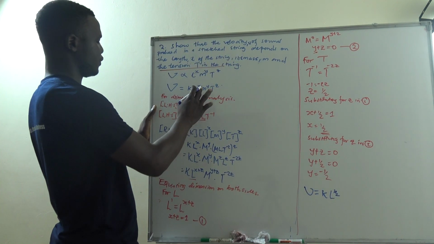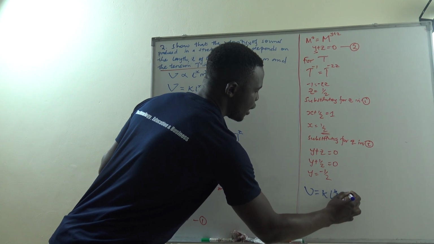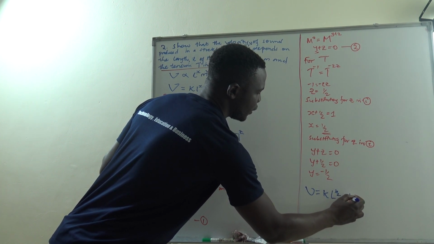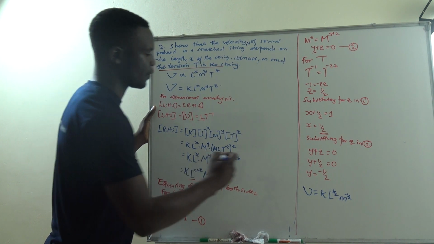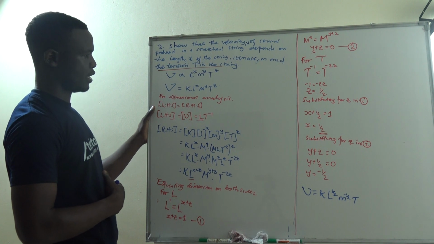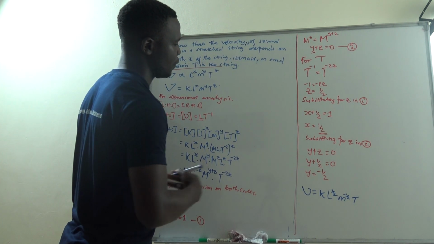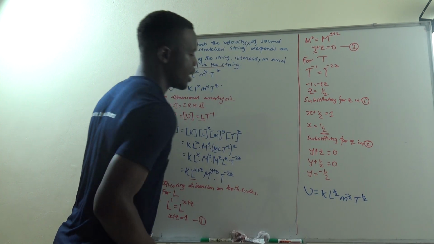Then this is m power y, so this is m power negative a half. Then the tension T power z, and z was found to be a half.